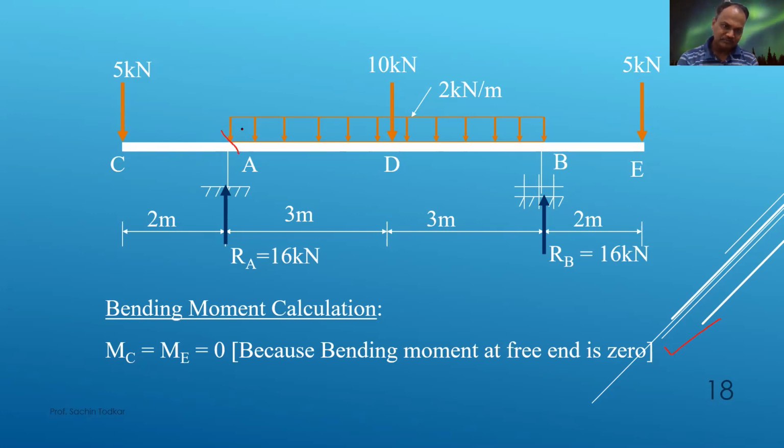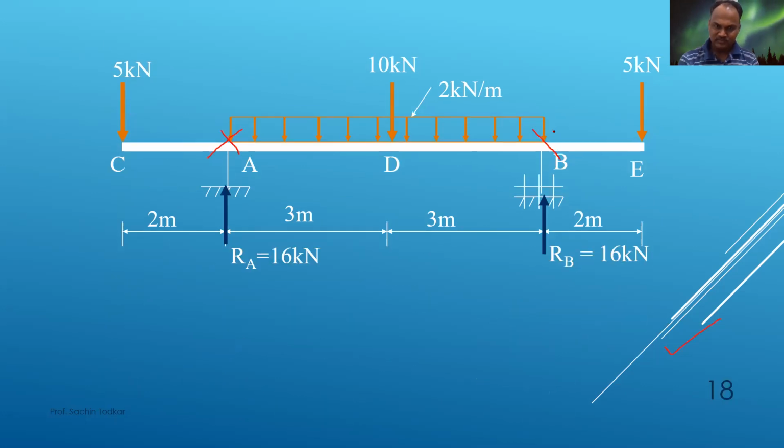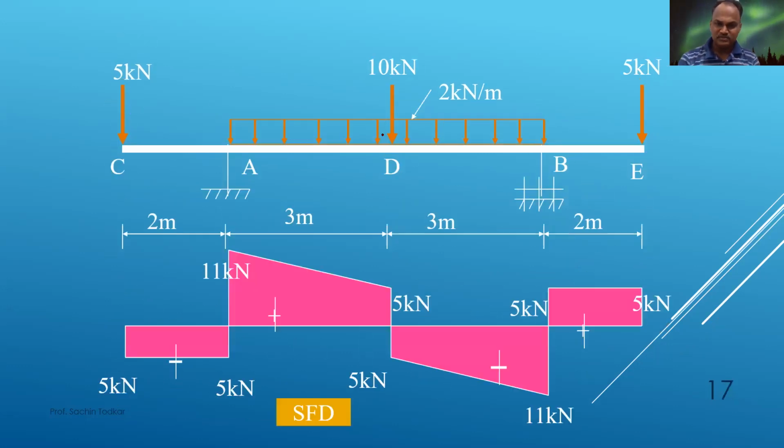For this point, if we calculate from the left side, it will be easy. For this point, if I calculate from the right side, it will be easy. And for this point, you can calculate from either side, whichever is suitable.